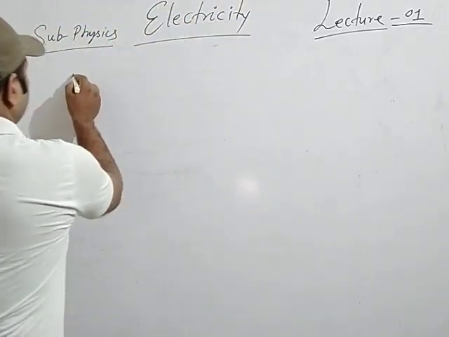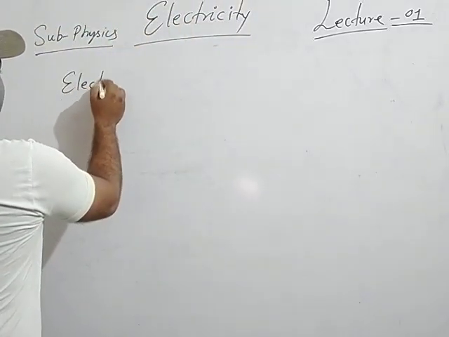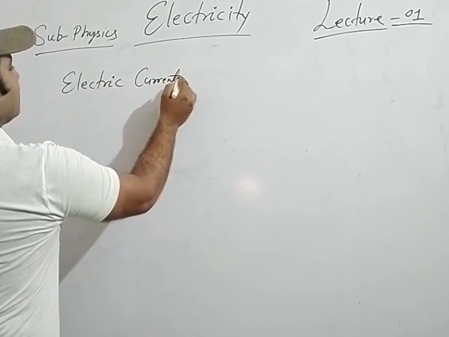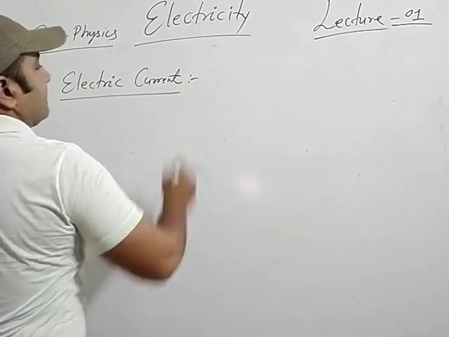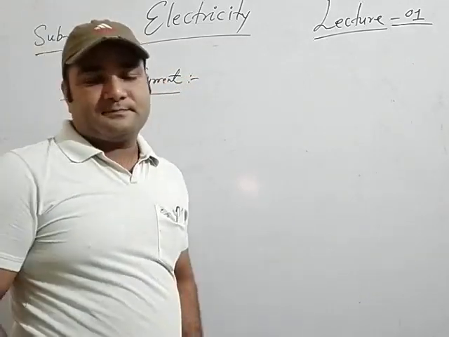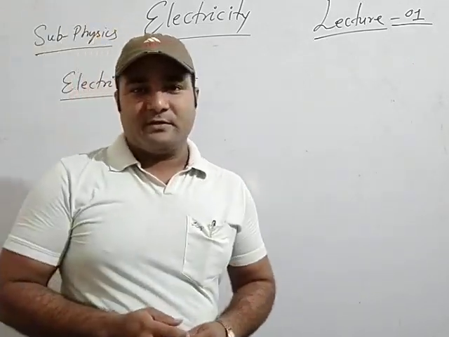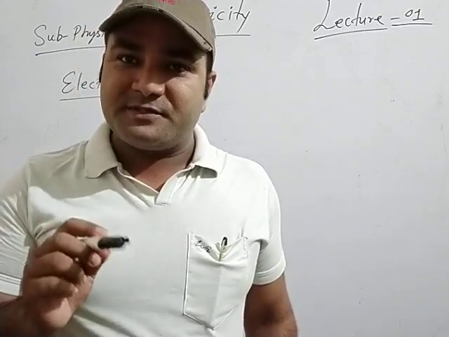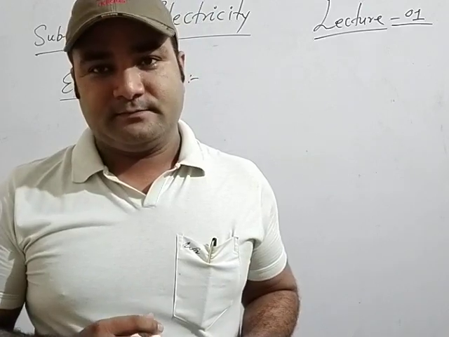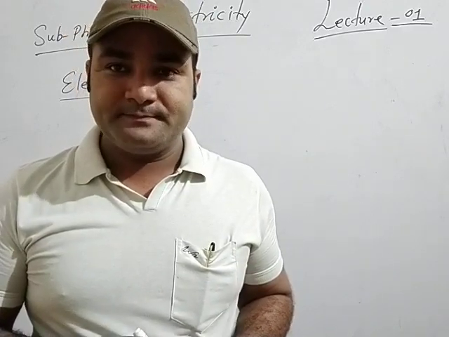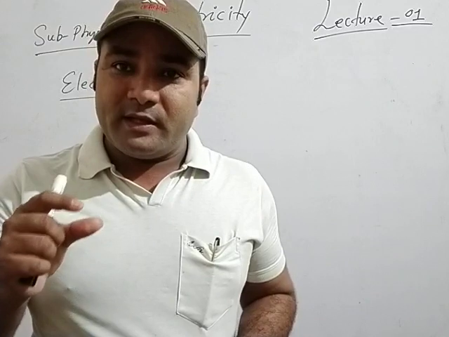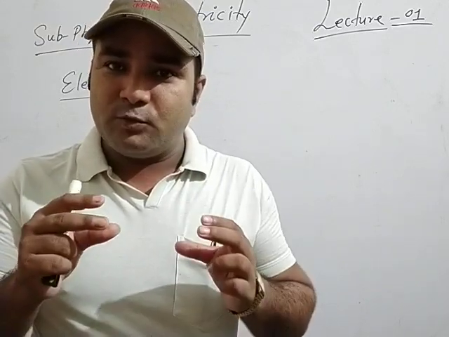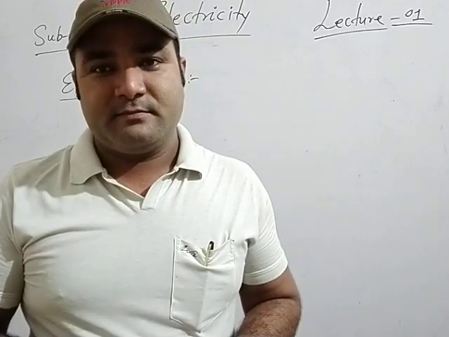Very easy concept. Electric current means the time rate of flow of charge. Here is the definition in exact form, which is very important: the time rate of flow of charge through a conductor, when the end points of the conductor are connected to a potential difference.